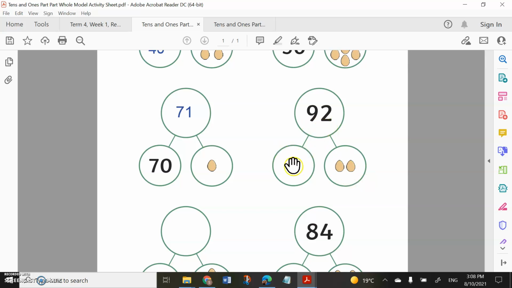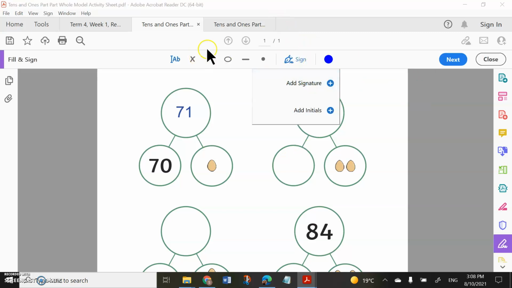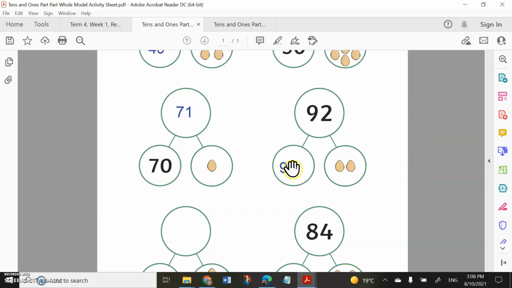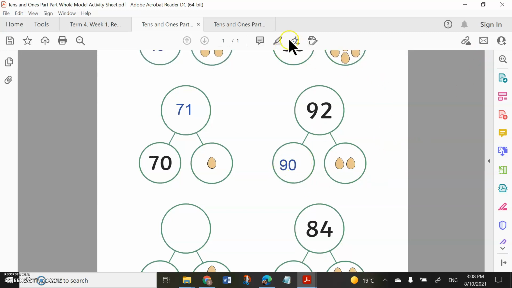So I need to now write the number 90, and it's a 0 on the end, because the number 90 is 9 tens and 0 ones. But this number here, 92, is 9 tens and 2 ones.